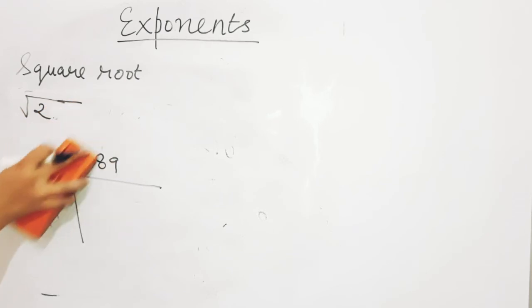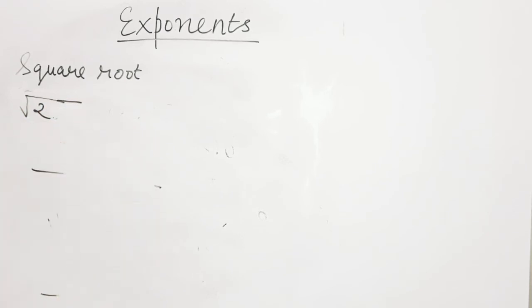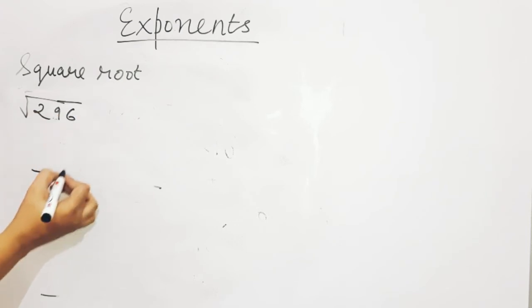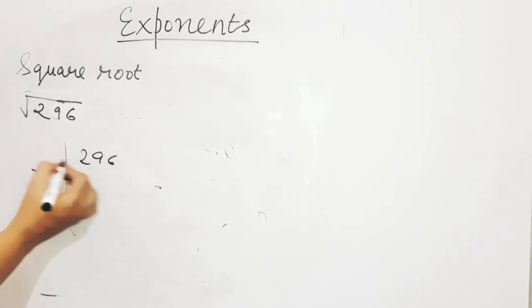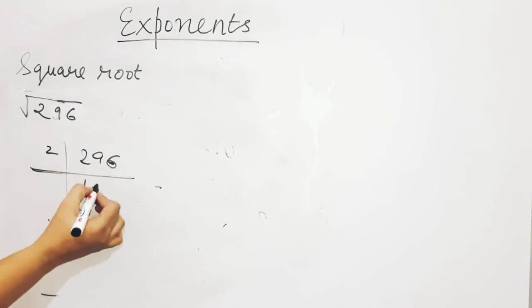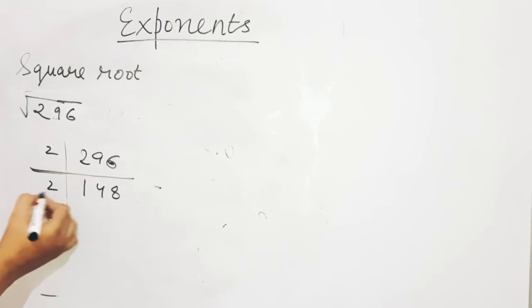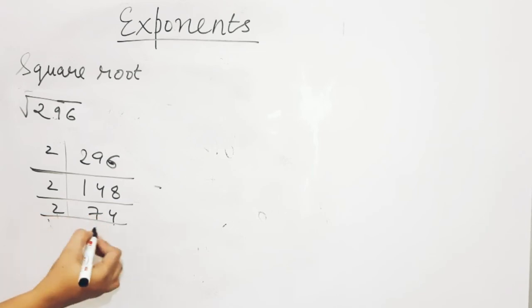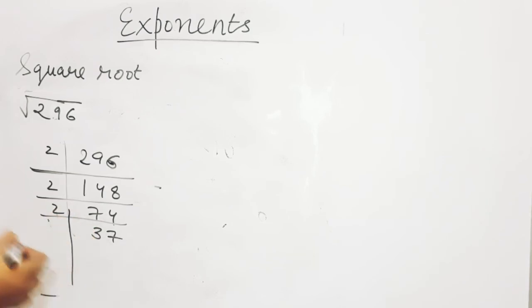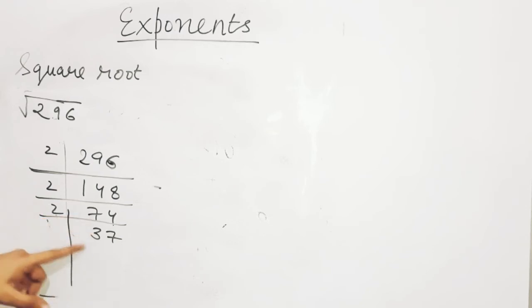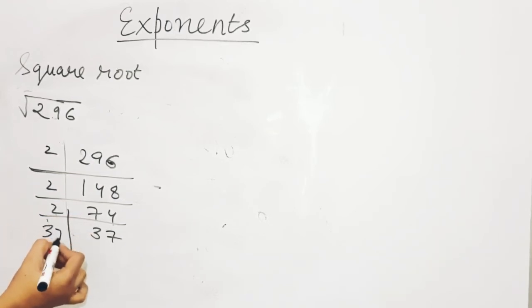It should be 296. We have to take real examples whose squares exist, meaning that multiplying some two numbers should give that particular number. If that does not happen, that means the square root of that number does not exist. Okay students, so what will you do with 296? Take the LCM. So take it with 2. 2 1s are 2, 2 4s are 8, 2 8s are 16, 2 7s are 14, 2 4s are 8, again 2 3s are 6, 2 7s are 14. Now 37. 37 is not divisible by any other number.